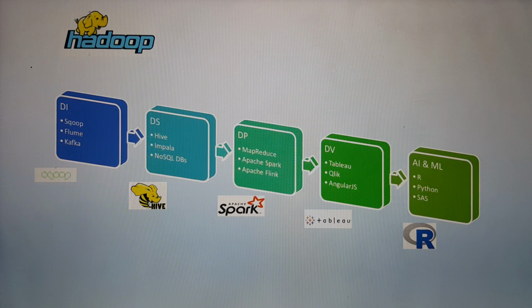So once we have ingested the data, stored it in Hadoop, and did some processing on top of it, then comes the requirement of data visualization layer, where we have a lot of good dashboards, scorecards to show to our end users, which may be the CEOs and CFOs of the company.